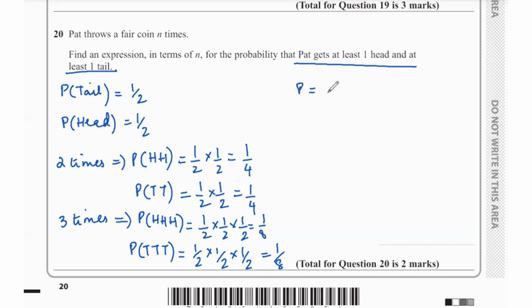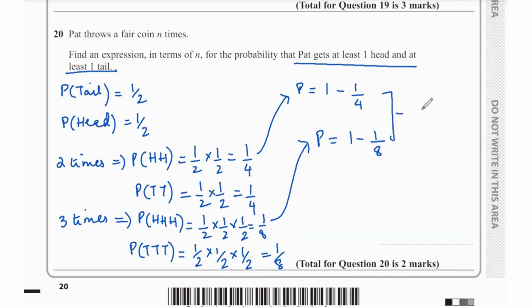So we would do 1 minus 1 over 4 for the 2 times. And for the third time, we would do p equals 1 minus 1 over 8.